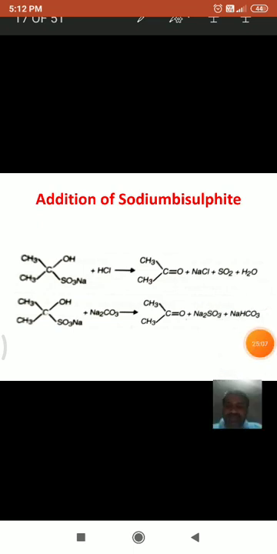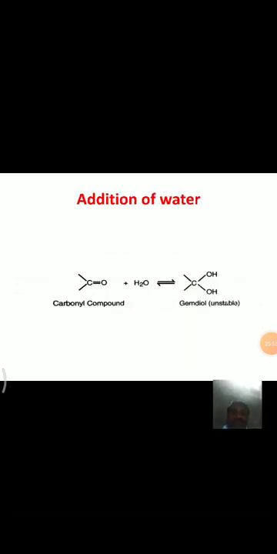And next, see here, the next reaction is addition of water. Water reversibly adds to the carbonyl compounds and forms gem diols. These gem diols are unstable and the equilibrium mostly lies towards the left.